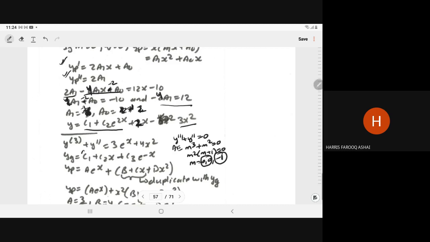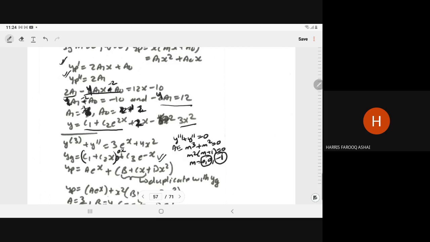That is c1 e to power ax, so that is e to power 0x. Plus, due to the duplicacy, here we have (c1 plus c2x) e to power x plus c3 e to power minus x. Clear? So this is the complementary function.